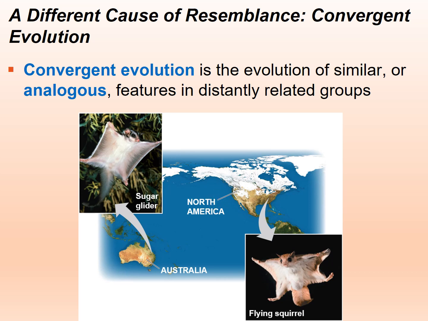So that's called an analogous feature. Remember we talked about homologous. Homologous is similar based on ancestry. Analogous is similar not based on ancestry. So this is analogous features. This is just similarity in groups that have evolved in a similar way to adapt to their environment.